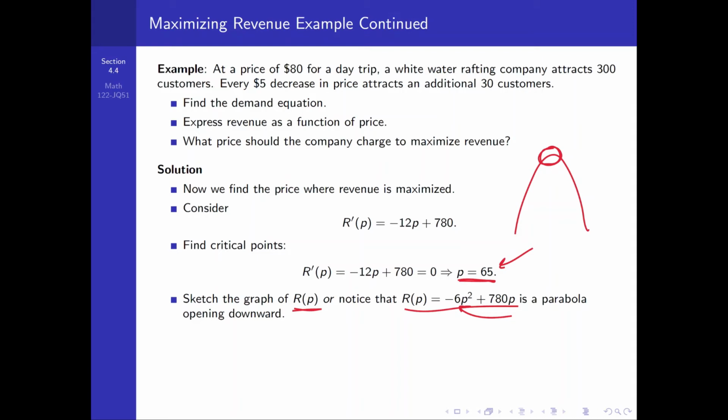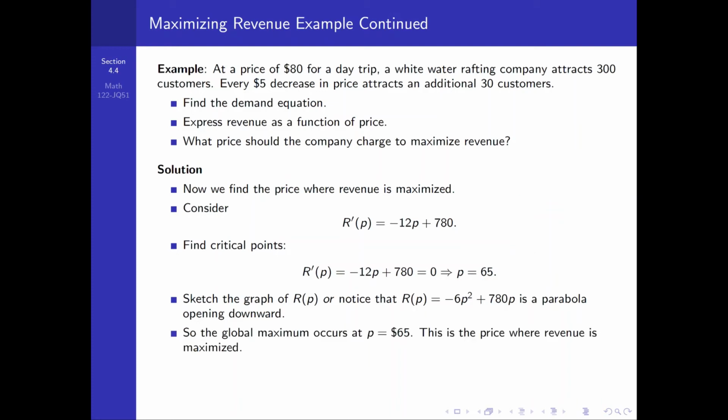And so I know that the point I found at P equals 65 has to be a global maximum. So I can conclude the global maximum occurs when the price is $65. This is the price where the revenue is maximized, and this is the price where the company should price their day trips to make sure they make as much money as possible.